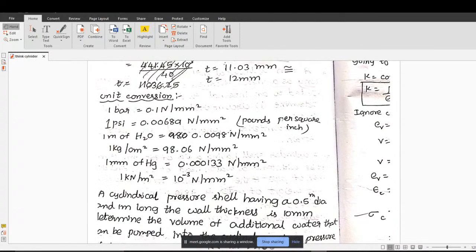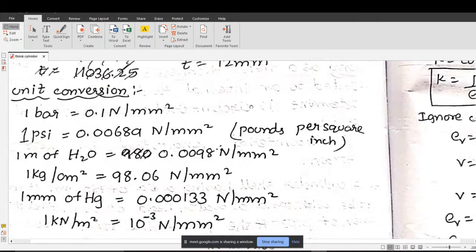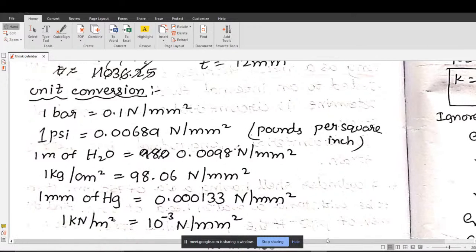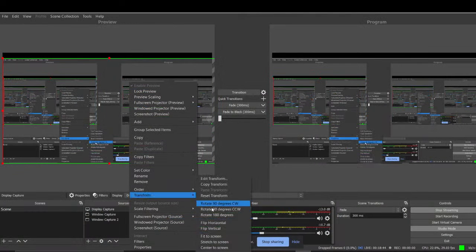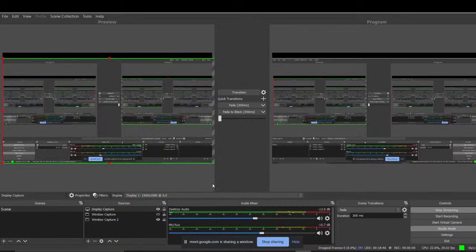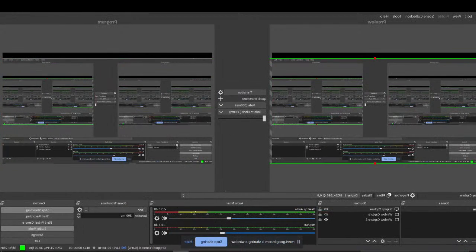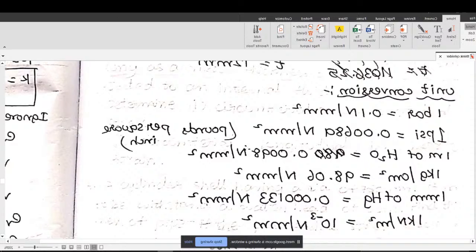See, I have given some unit conversions. Suppose there may be a chance that the pressure is given in terms of these units. Either it may be a bar. Bar is also a unit of pressure. If you want to convert bar into newton per mm square, you should multiply by 0.1.